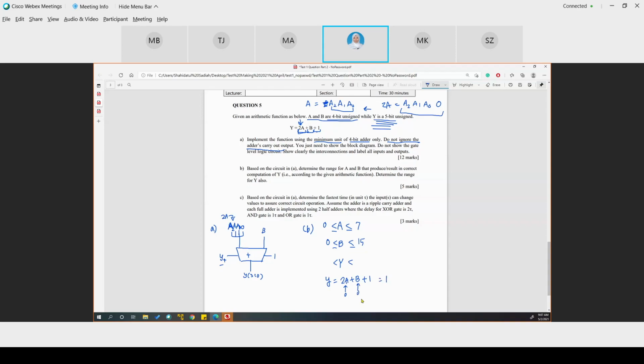So the minimum is 1 and the maximum is when A is maximum 7, so 2 times 7 plus 15 plus 1. So this is 14, 29, 30. This is 30.